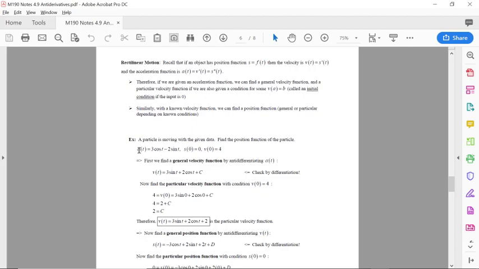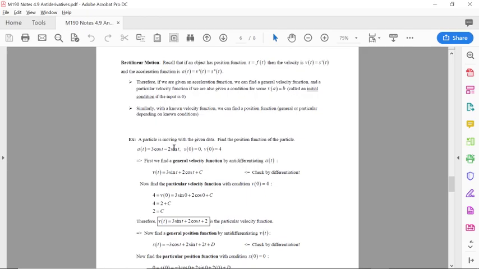Take this example. Suppose that the acceleration function given is 3 cosine t minus 2 sine t. Already we can find the general antiderivative of this, and we would interpret that antiderivative as a velocity function. The antiderivative is 3 sine t plus 2 cosine t plus c.